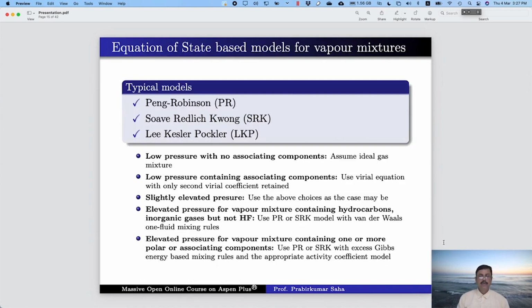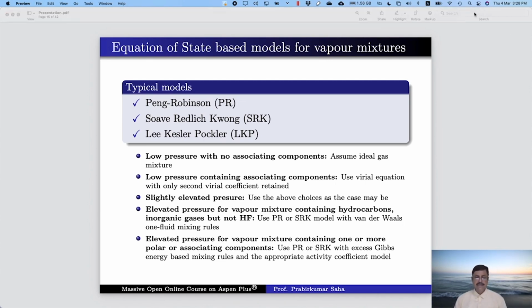Now we will learn equation of state-based models for vapor mixtures. We have three typical models: Peng-Robinson, Redlich-Kwong-Soave, and Lee-Kesler-Plöcker. Now we have certain recommendations.